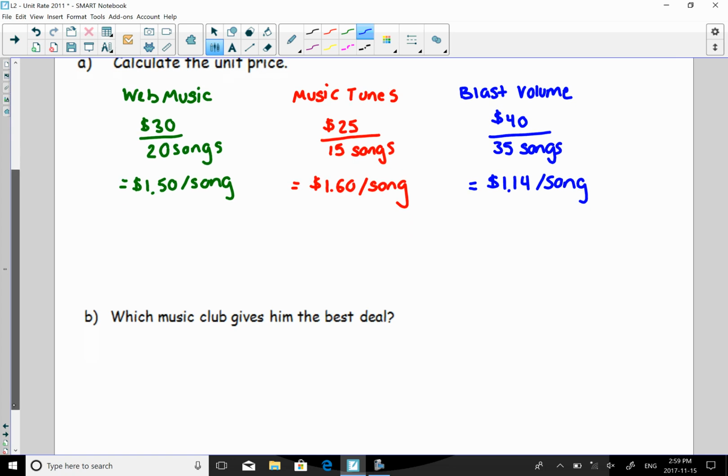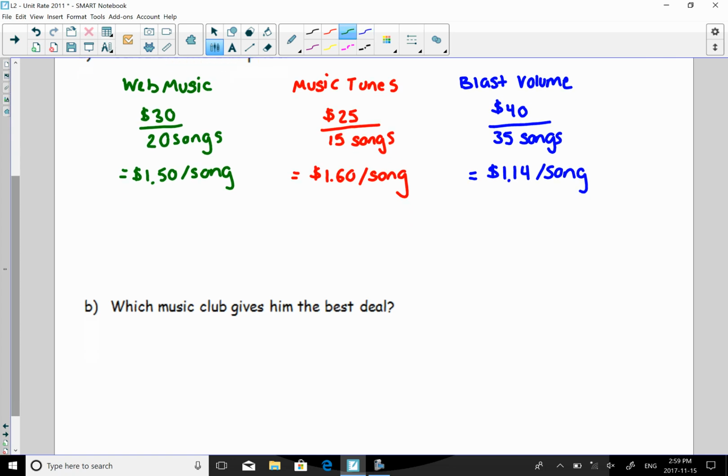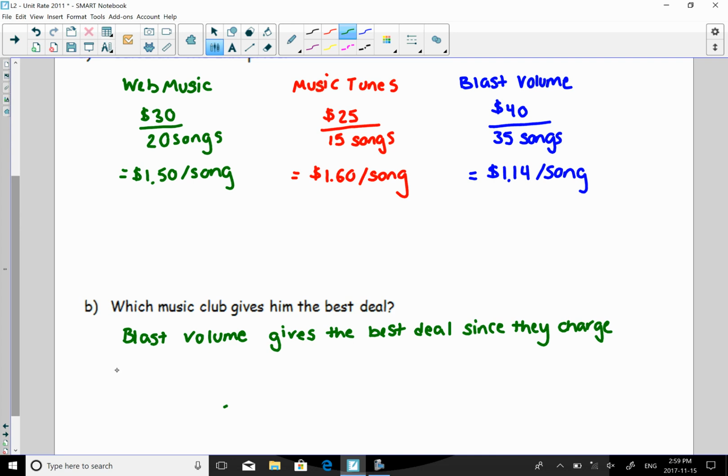So if I compare all these, I'll notice that Blast Music has the cheapest price per song, so Blast Music is the best deal, since they charge the least per song.